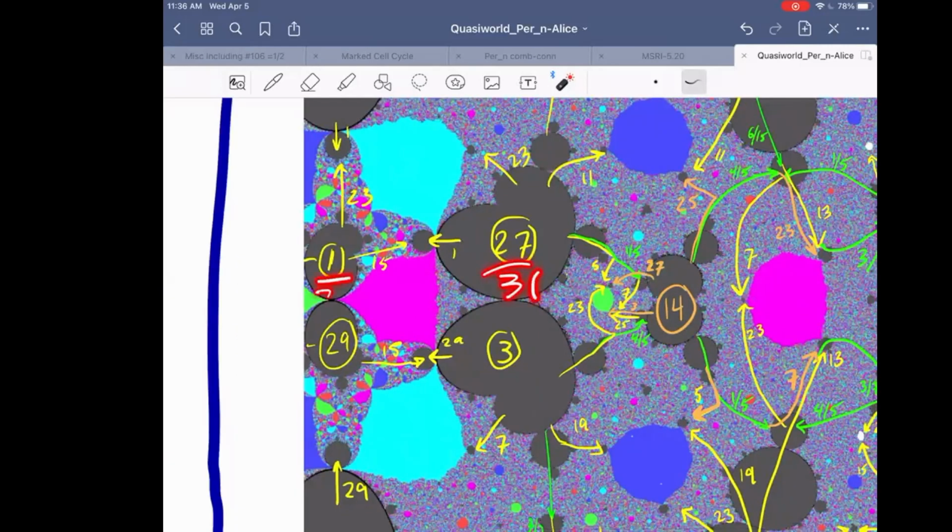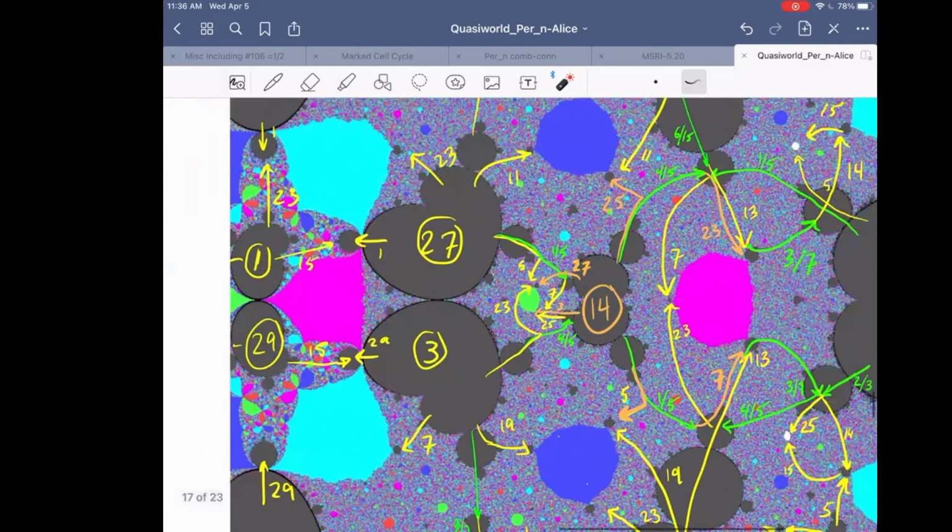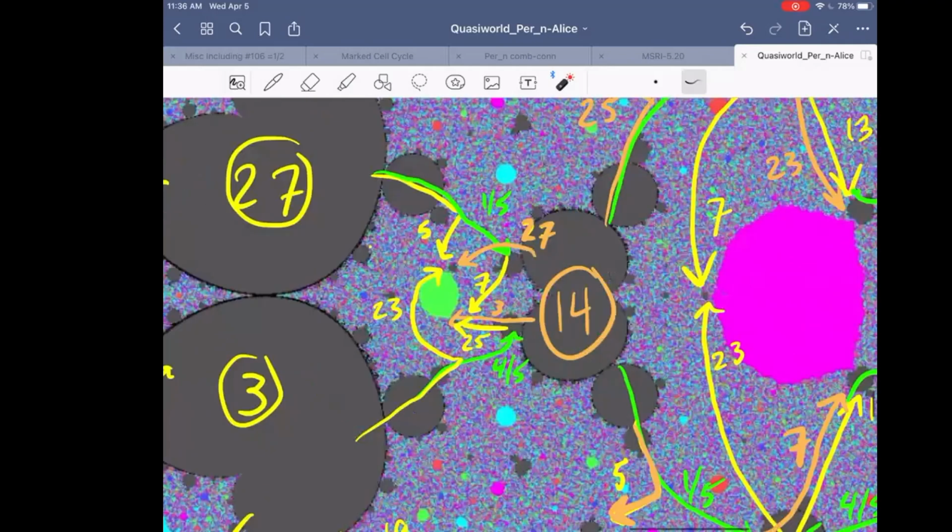For instance, 27 over 31 and 1 over 31 are connected by some of these rabbits that you see. And then you can define the bubble rays for these rabbits to connect 1 to 27. So this gives you full-on connectivity between these two hyperbolic components, not combinatorial connectivity. But we have this one component, 14 over 31, which is completely disjoint from the others.